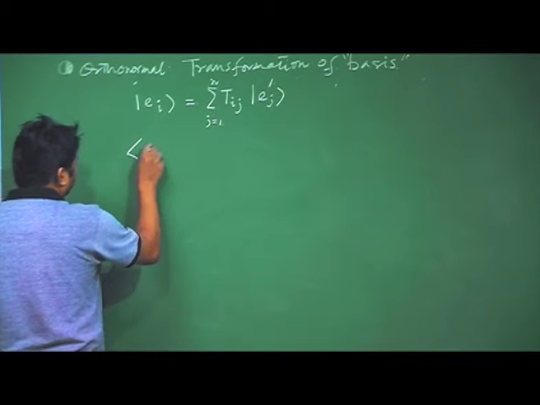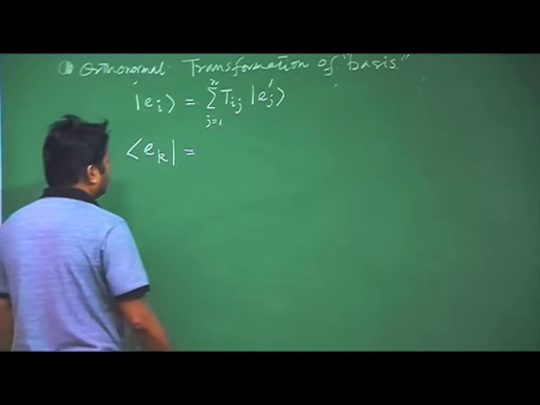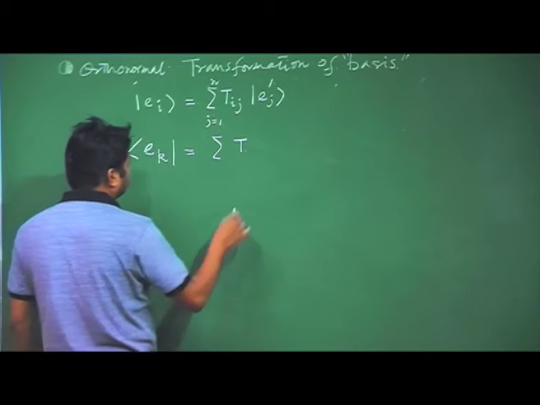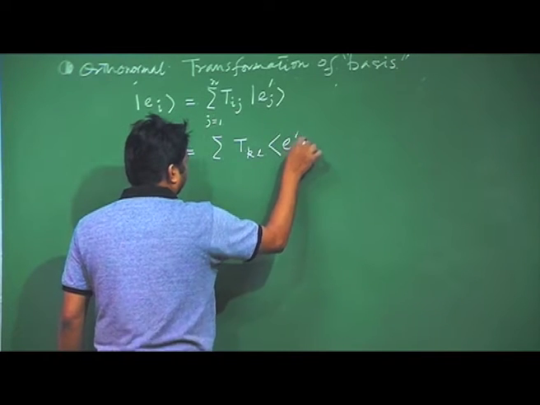I make a dual conjugate and I want to find out Ek, which is Tkl El prime.